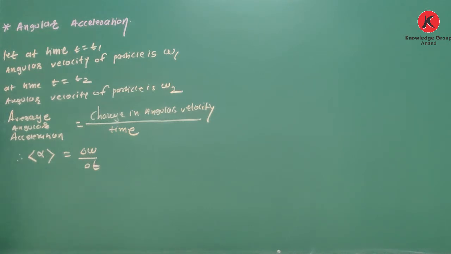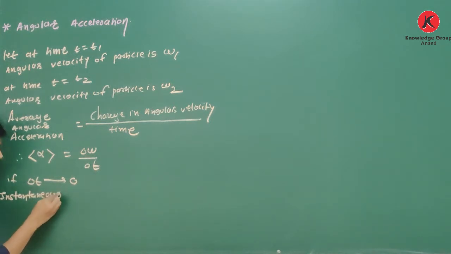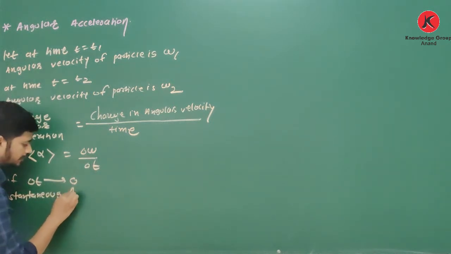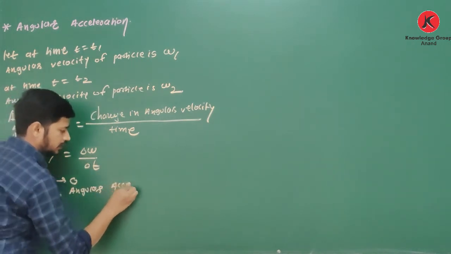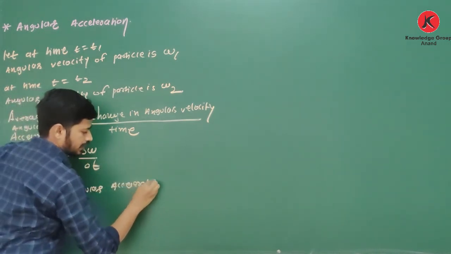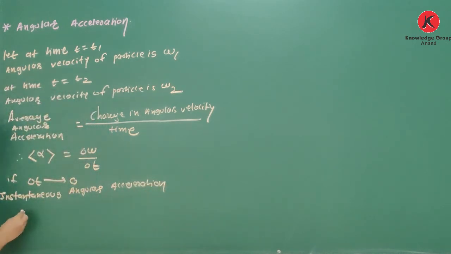So yes, it is average value. How to convert in instantaneous value? If delta t tends to 0, then instantaneous angular acceleration, alpha is equal to d omega upon dt.